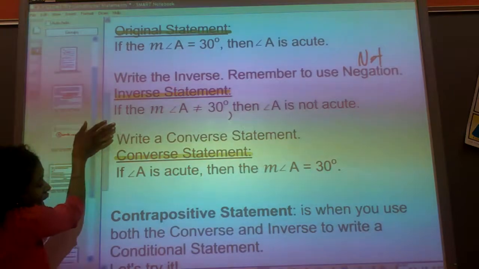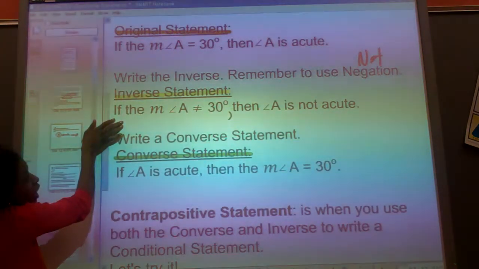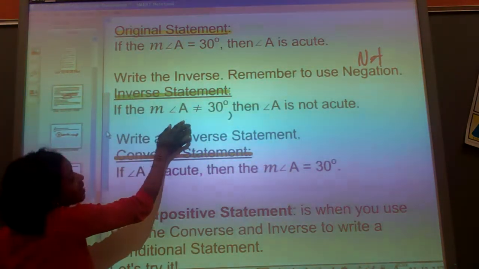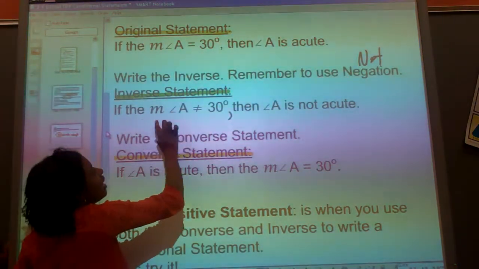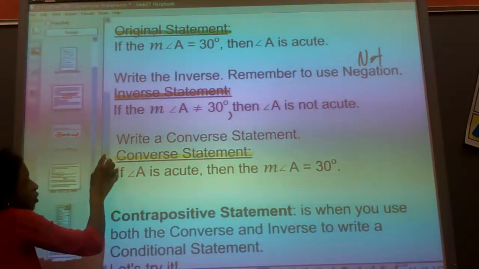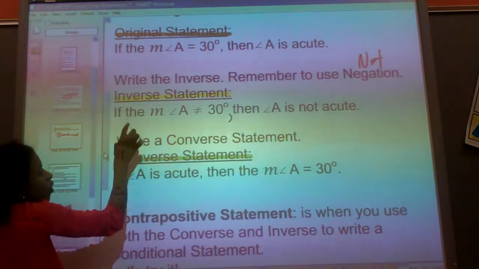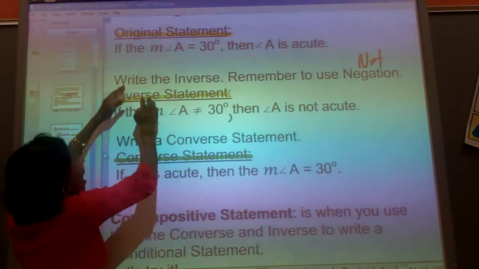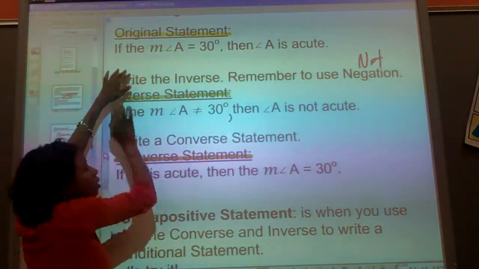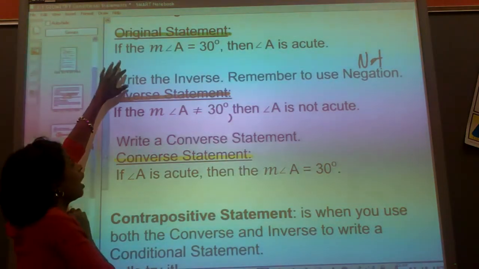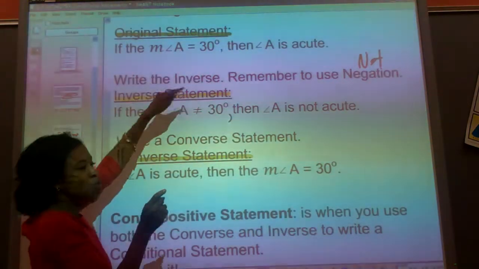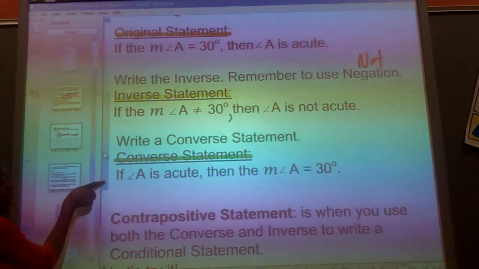So the contrapositive should read, if the measure of angle A is not acute, then the measure of angle A is not 30 degrees, because I'm using inverse and converse at the same time. I have to switch the hypothesis and conclusion, and once they're switched, I have to use the word not, two at one time.